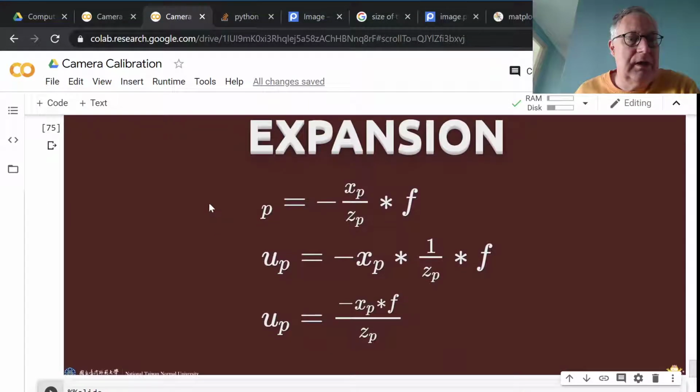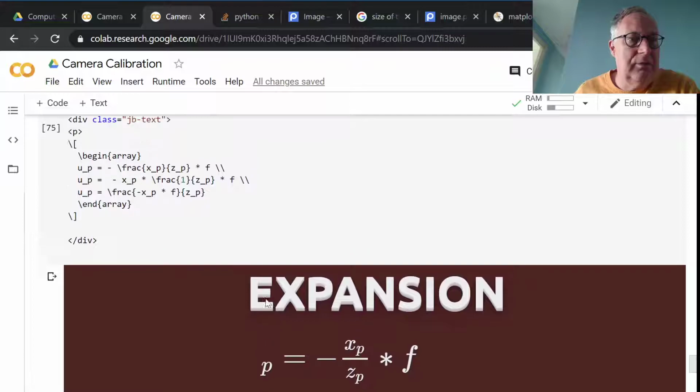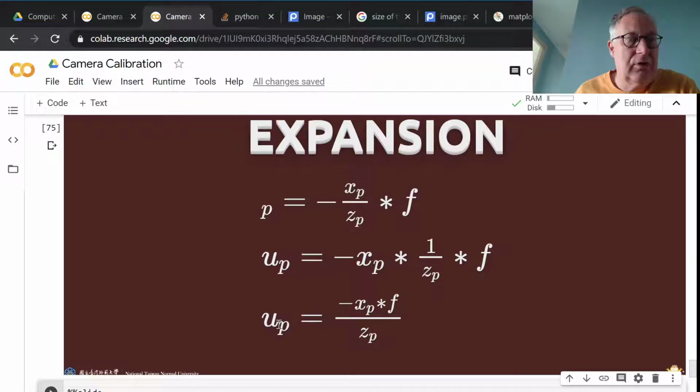For ours, we're looking at version number 3, this one here. So the coordinates that I want, the image coordinates in the x direction, would be the minus of xp multiplied by f divided by zp.